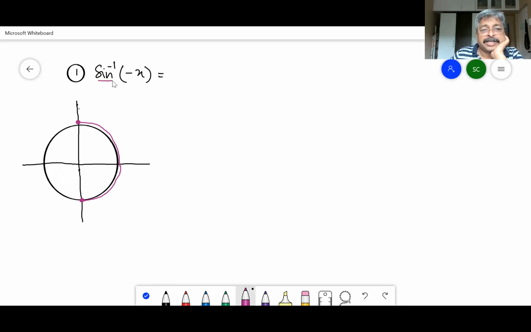If you are looking at sine inverse, your terminal ray will land in this zone only. Okay. So now you choose any value of x. Suppose this is the value of x. In our trigonometry, which terminal ray are we talking about? This.